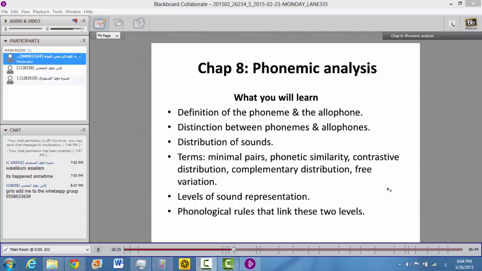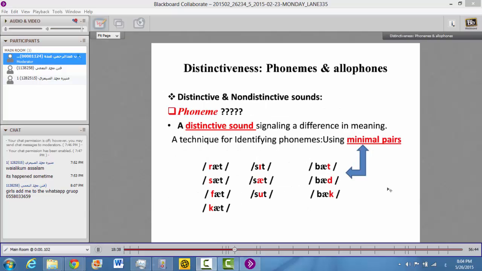We'll also focus on the levels of sound representation, and then end with the phonological rules that link these two levels of representation.